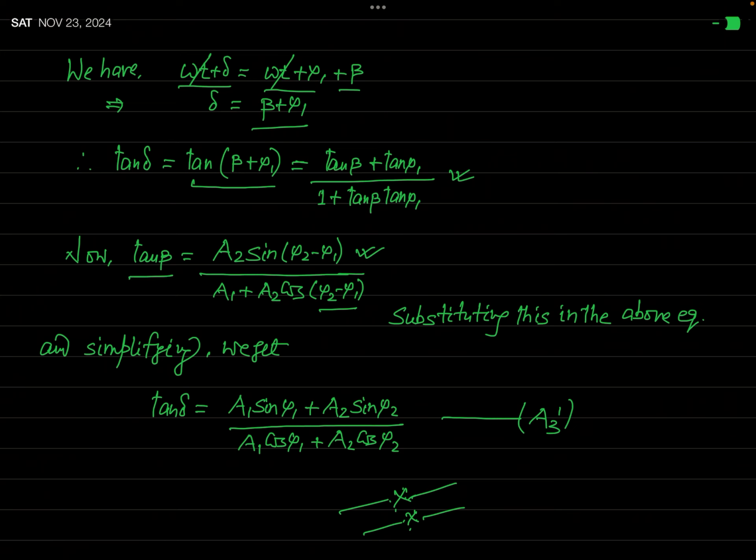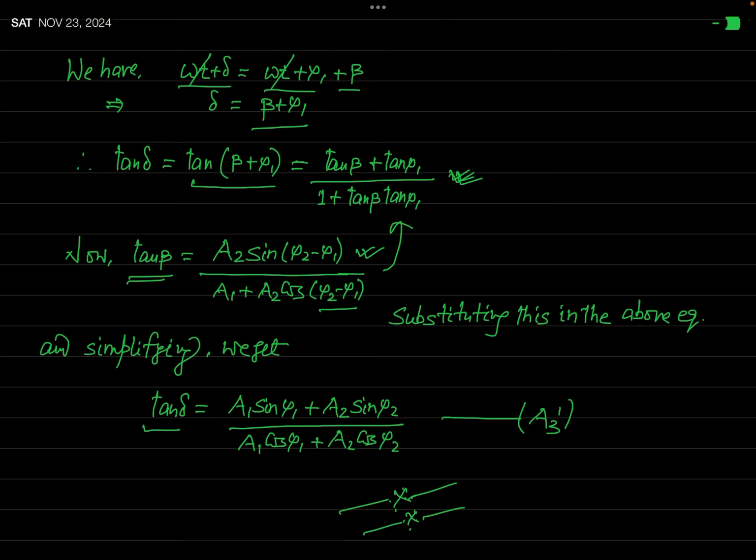Now, when you put this value of tan beta in this equation and simplify, there will be a lot of algebra. I have not done it here, but you can do it. So let us put this value of tan beta here, and after that you must simplify the equation.